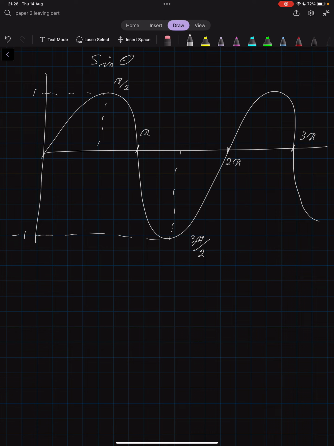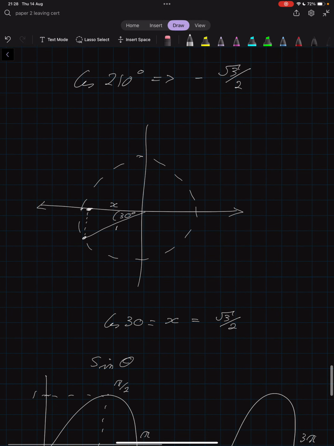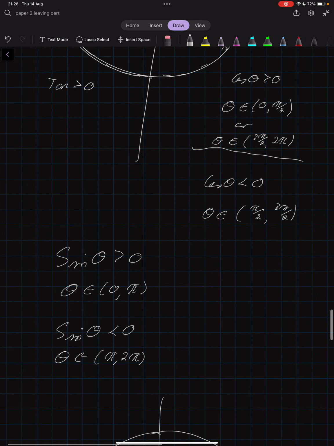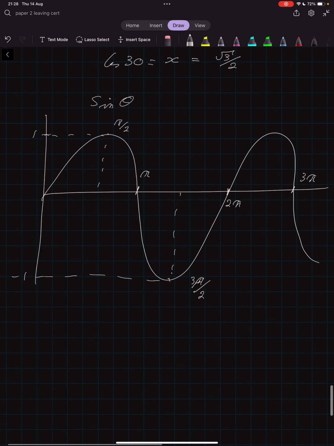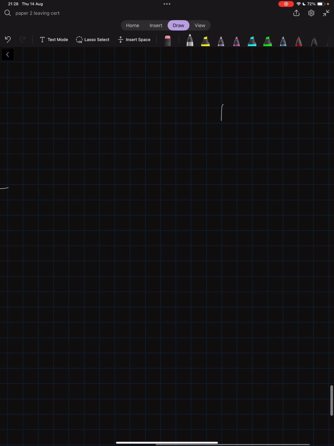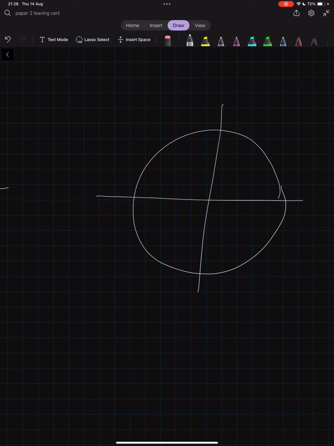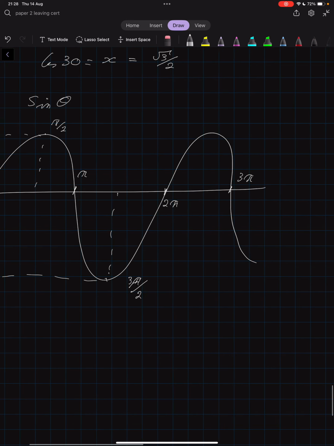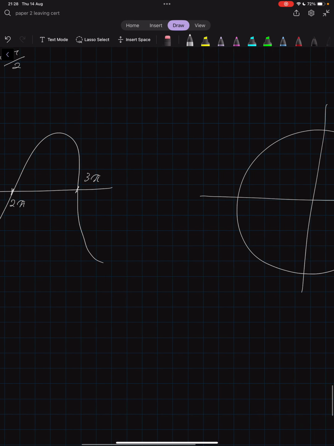Okay? So hopefully that all makes sense. The reason sine looks like that is, if you grab your circle and I asked you to plot the heights of it, you'd say, okay, it starts at 0.